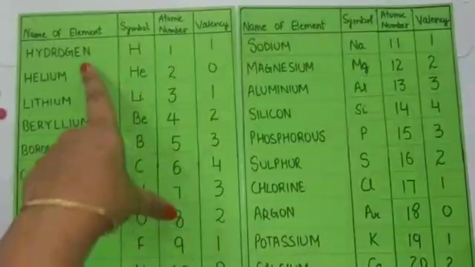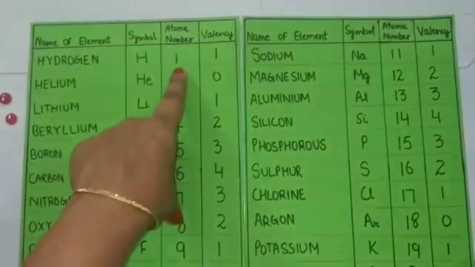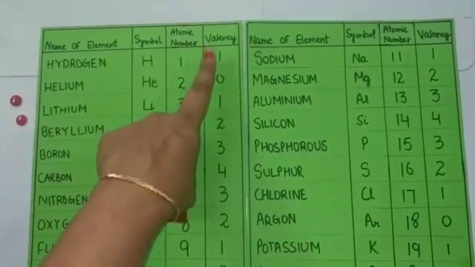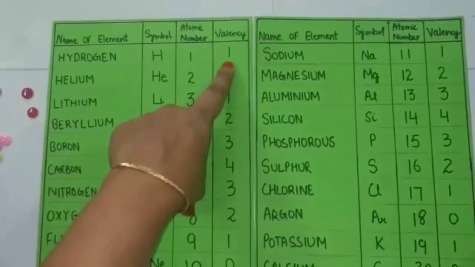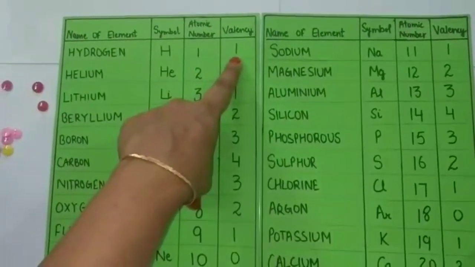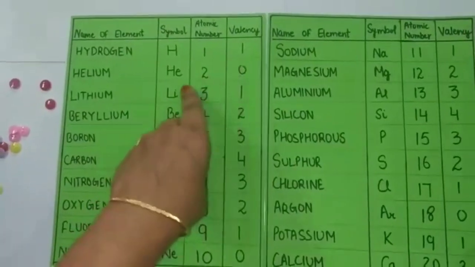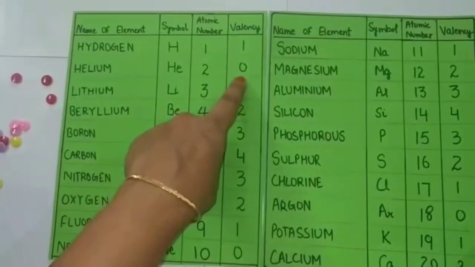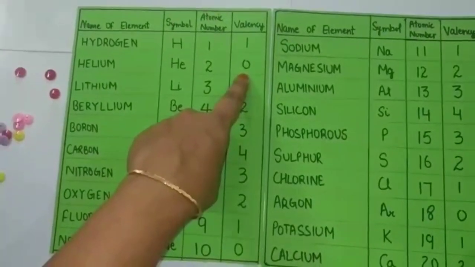So let's discuss again. Hydrogen, having 1 proton and 1 electron, can either gain 1 electron or donate 1 electron, so the valency becomes 1. Helium has 2 electrons, it is inert. It does not react with anybody.